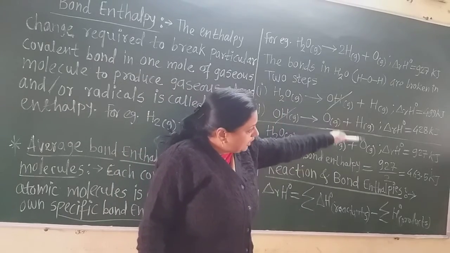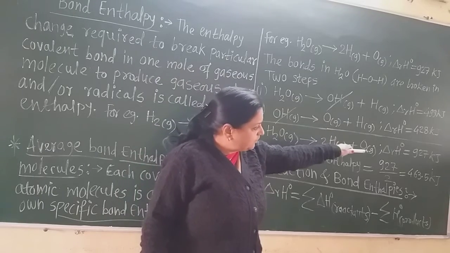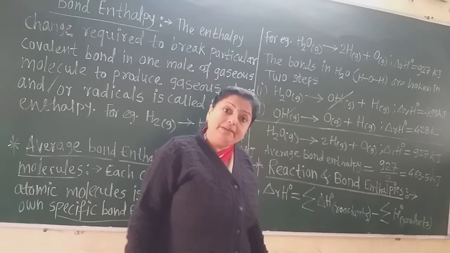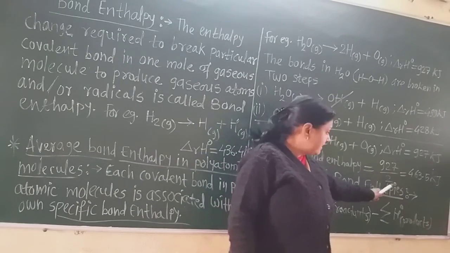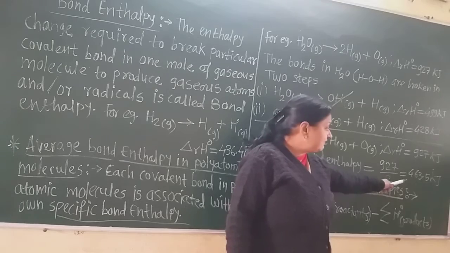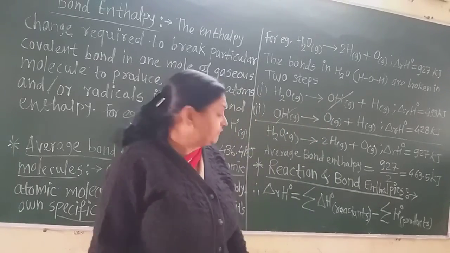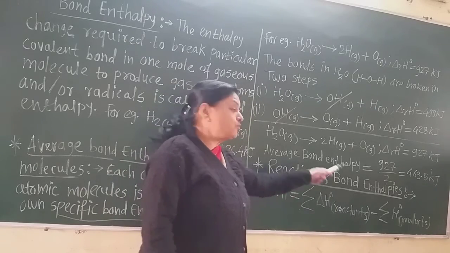And the total of both bond enthalpies is 927 kilojoule. But the average bond enthalpy is calculated as 927 divided by 2, that is equal to 463.5 kilojoule. Now this is the average bond enthalpy.